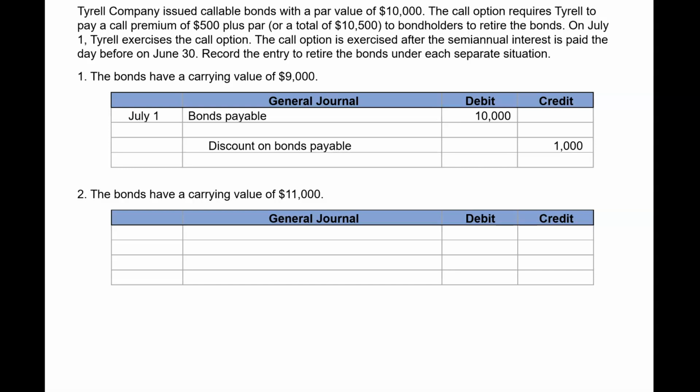The discount on the bonds payable is $1,000 because you see that the carrying value is $9,000. $10,000 minus the $9,000 is $1,000. And we're going to give them $10,500 in cash, which is the $10,000 par value plus the $500 call option.